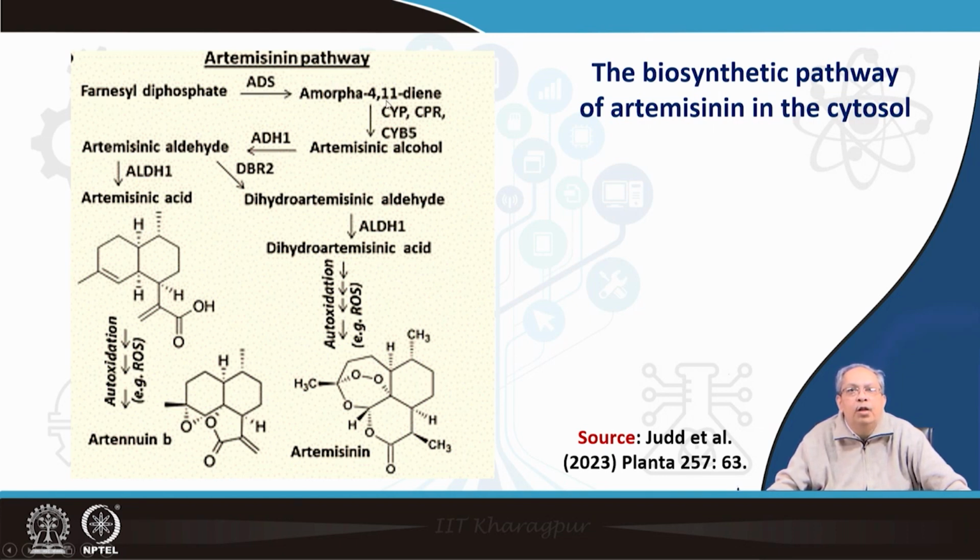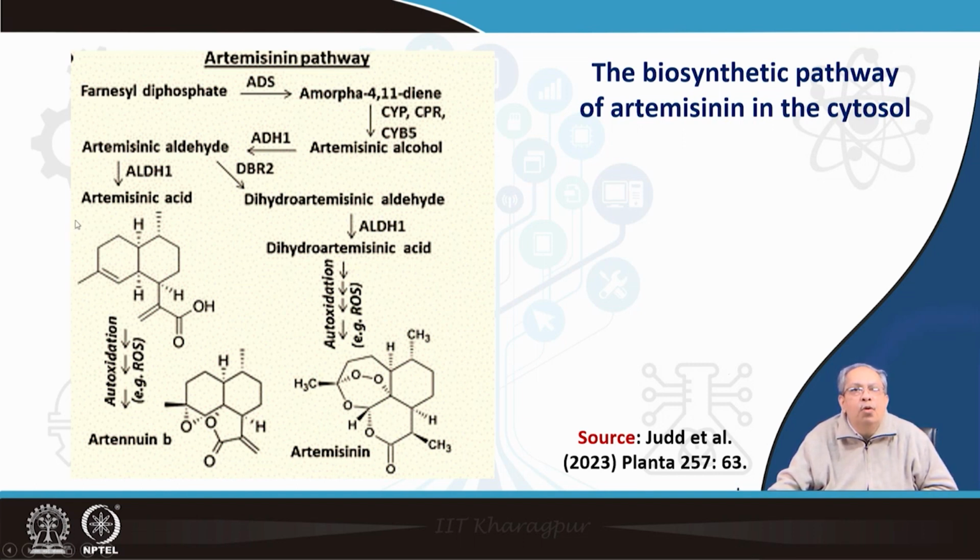Amorpha-4,11-diene, subsequently by cytochrome P450 and then reductase, forms artemisinic alcohol, that will be converted into an aldehyde by a dehydrogenase, and then in one way it goes to artemisinic acid by another dehydrogenase, or there will be another reductase which makes dihydroartemisinic aldehyde, and then another dehydrogenase makes dihydroartemisinic acid, and then finally it makes artemisinin.